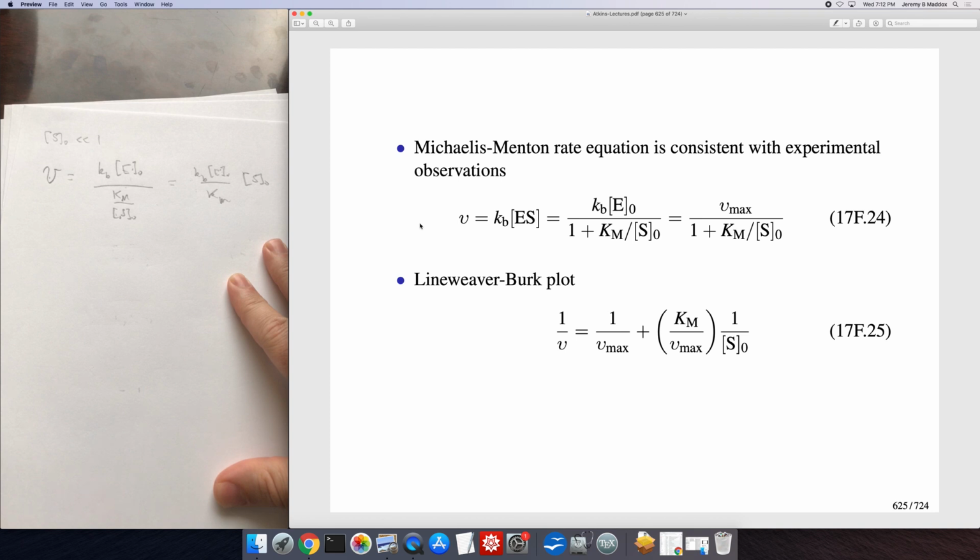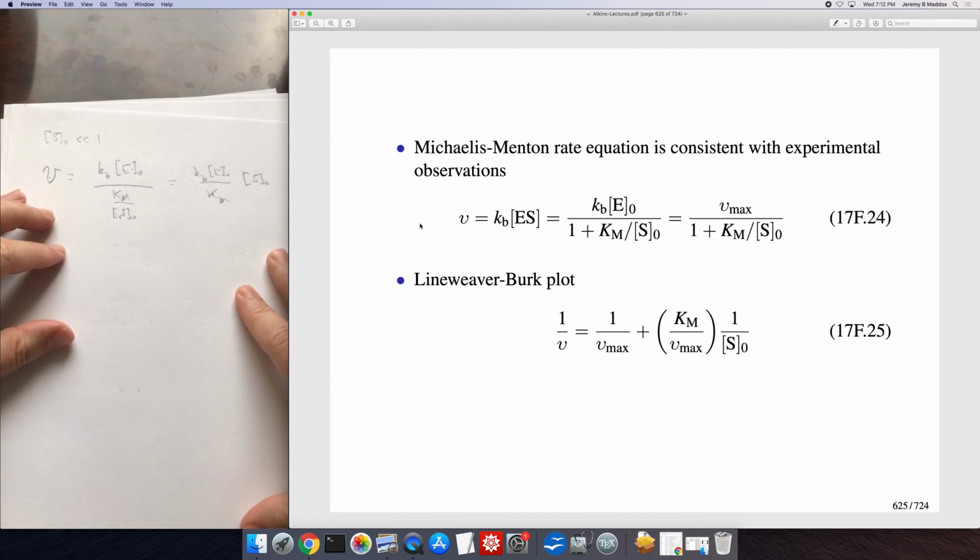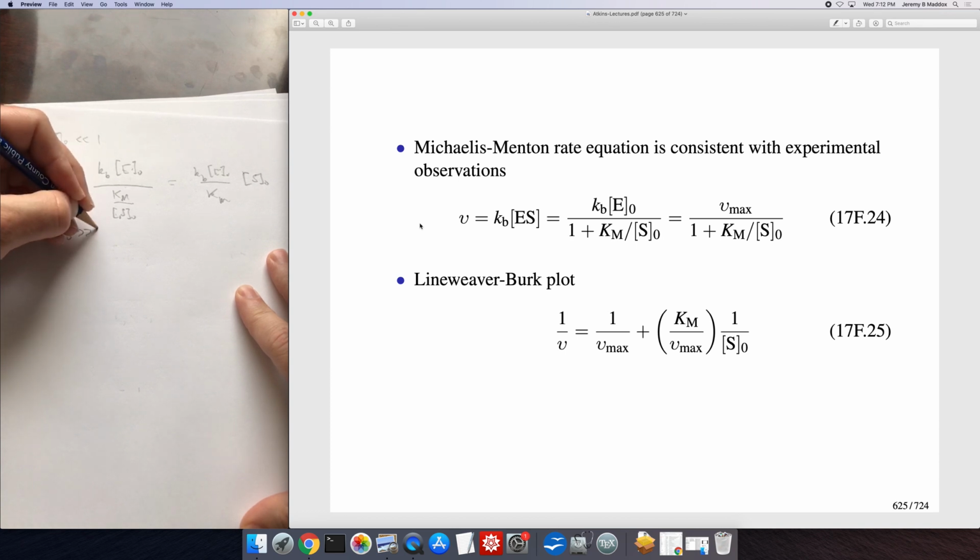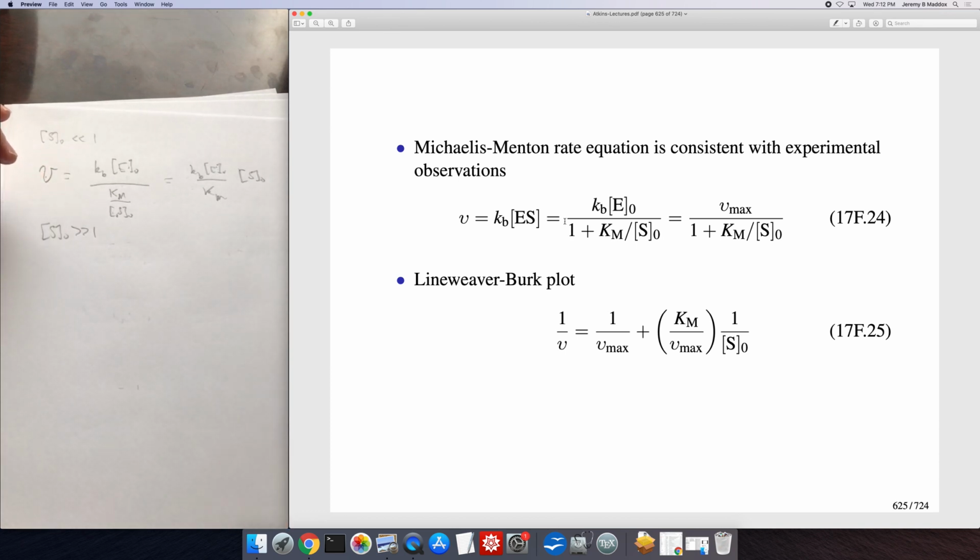When it's very small. However, when it's very large, then that means that we would neglect this term, right? If this number is very large, that means that 1 over that number is close to 0. So we would neglect the 1.